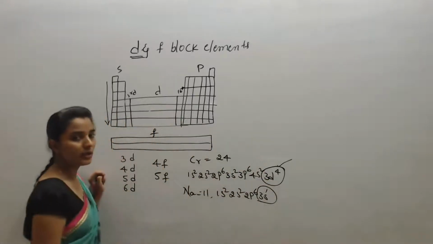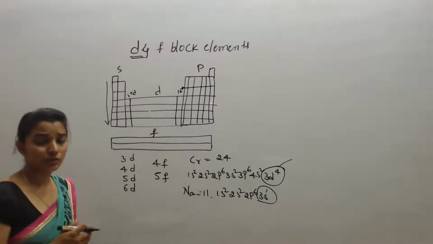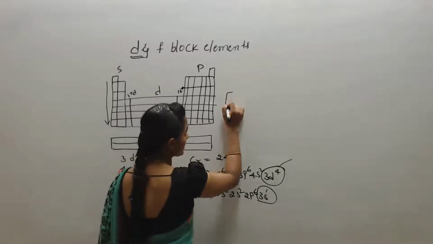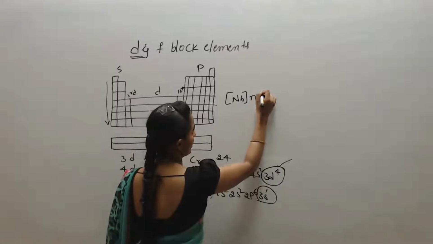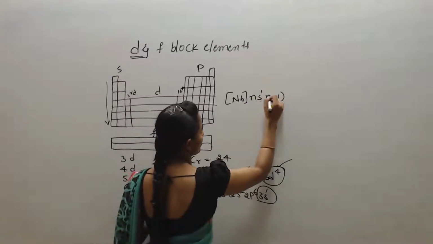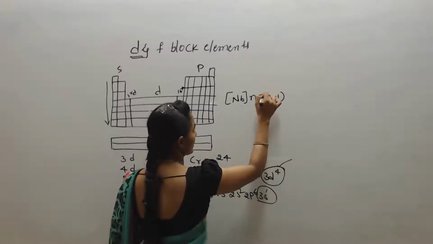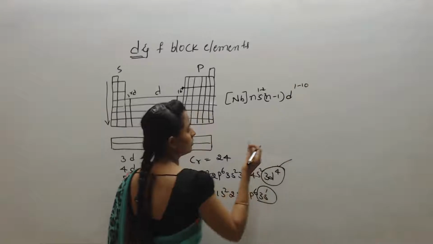Those are called what? D block elements. So the general electronic configuration of D block elements is: noble gas, ns1 to 2, (n minus 1)d1 to 10.